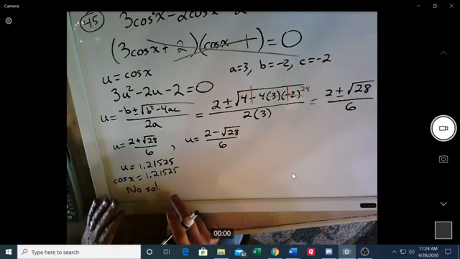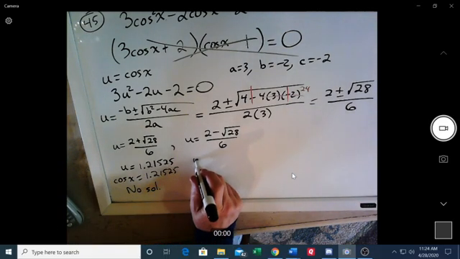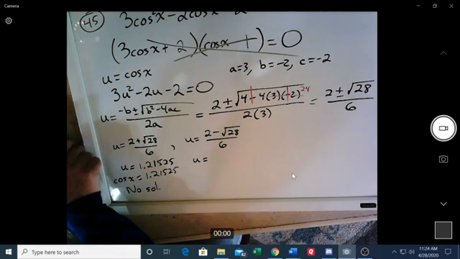Then we go to the other one. So u is equal to, I'm going to type 2 minus square root of 28 divided by 6.